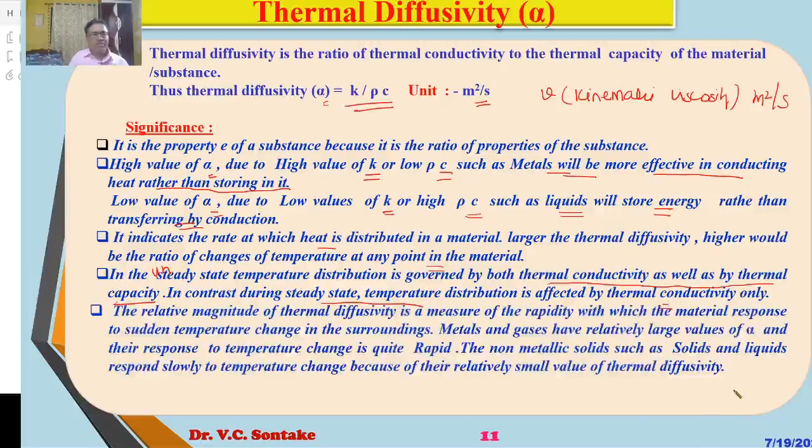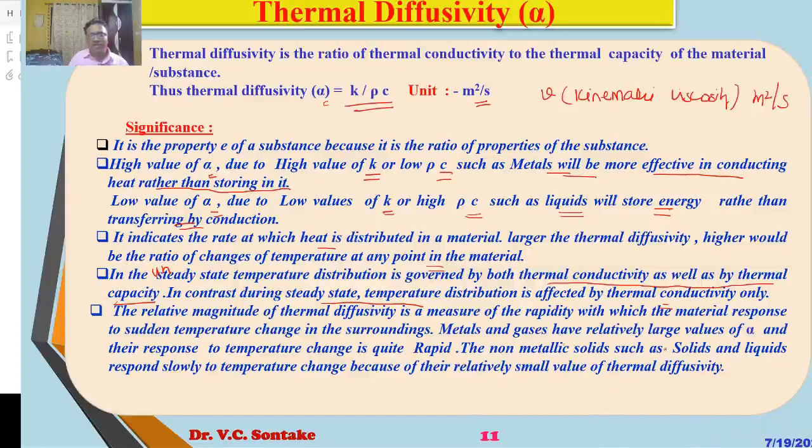And the final significance: the relative magnitude of thermal diffusivity is a measure of the rapidity with which the material responds to sudden change in the temperature of the surrounding.